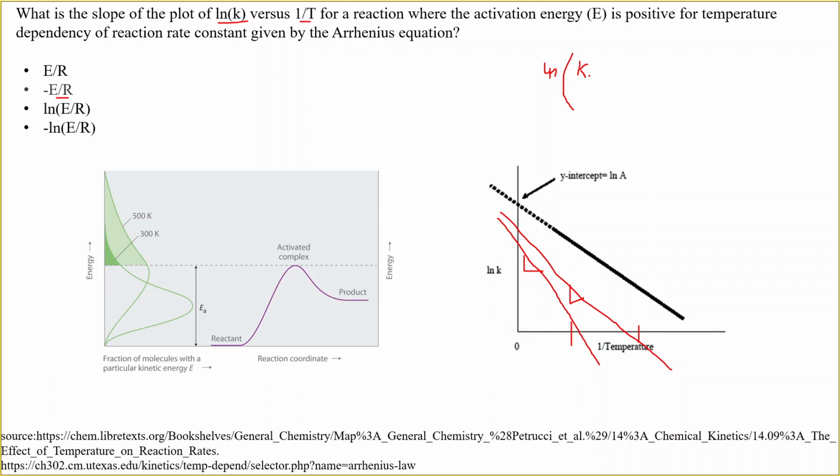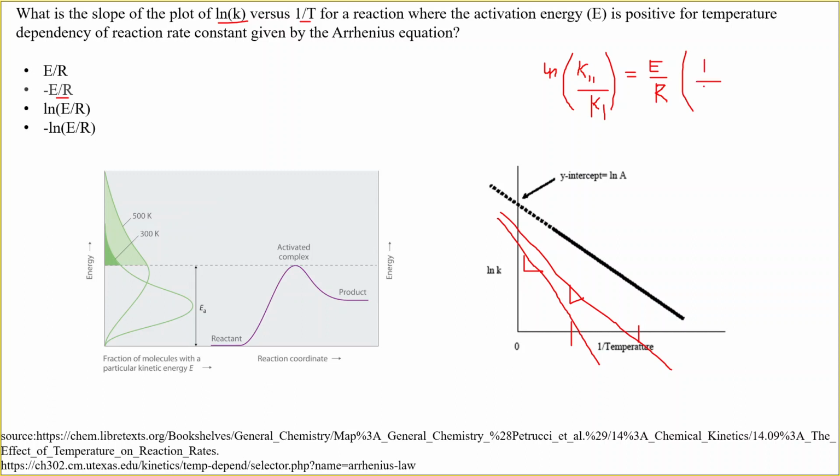That will be given by ln k2 by k1, which is equivalent to the ratio of the activation energy by the gas constant, E by R, multiplied by the change in temperature reciprocal, as shown in the graph right here.